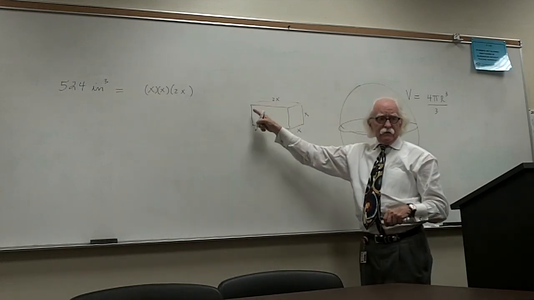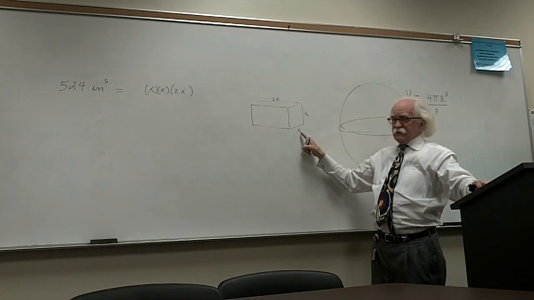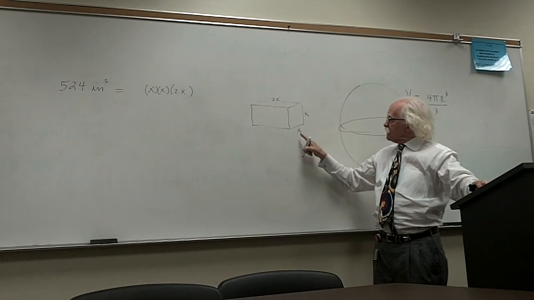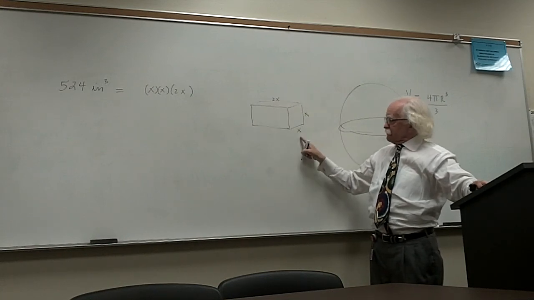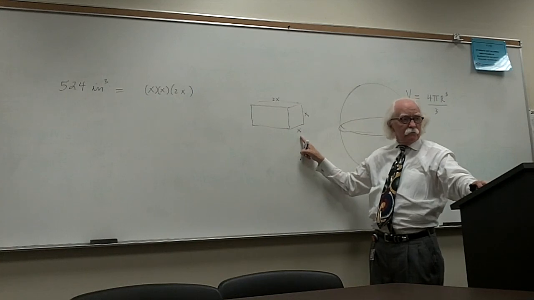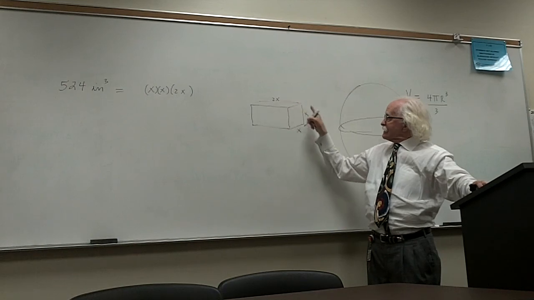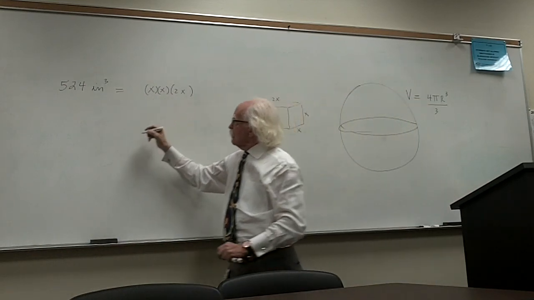I said the length was twice the width, and the width and the height were the same size. So the volume would be this, and this, and this. Yes or no? Am I right or wrong?